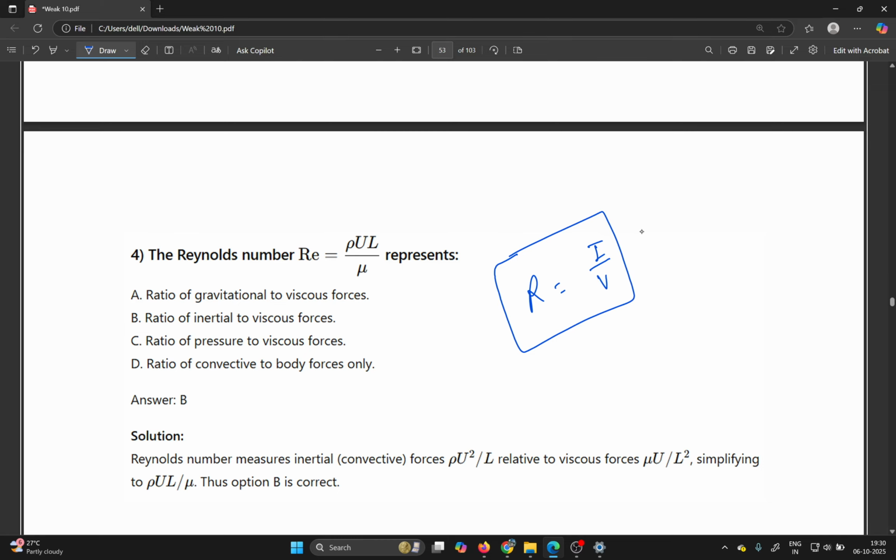Let me write IF for inertia force and VF for viscous force. So if somehow your Reynolds number is 1, then IF divided by VF is 1, so IF will be equal to VF.